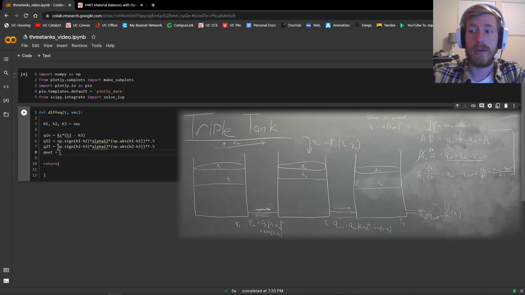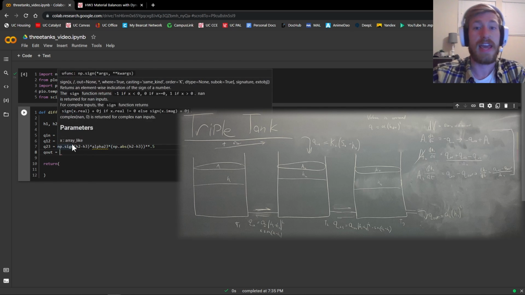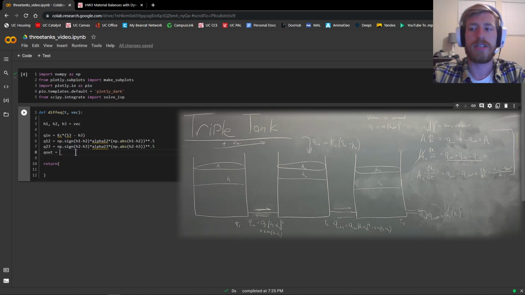Now, Q out is very similar, except remember that tank 4, which it would be flowing into, is actually outside of the system, which is why we call it Q out instead of Q34. Because it's flowing out, there is no difference in height, because the external height, for example, the height of the environment, would always be 0.